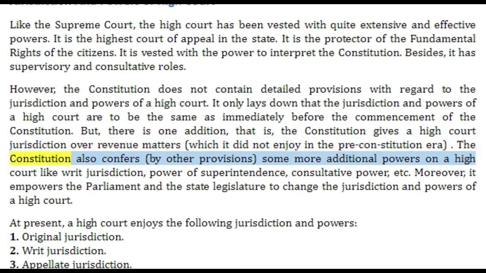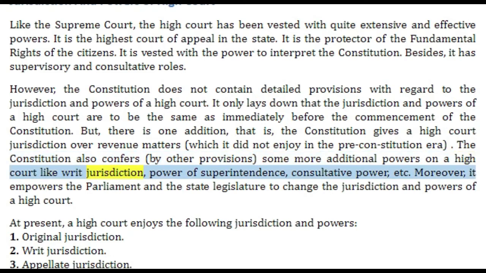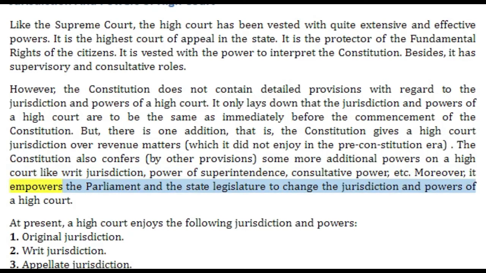The Constitution also confers, by other provisions, some more additional powers on a High Court like writ jurisdiction, power of superintendence, consultative power, etc. Moreover, it empowers the Parliament and the state legislature to change the jurisdiction and powers of a High Court.